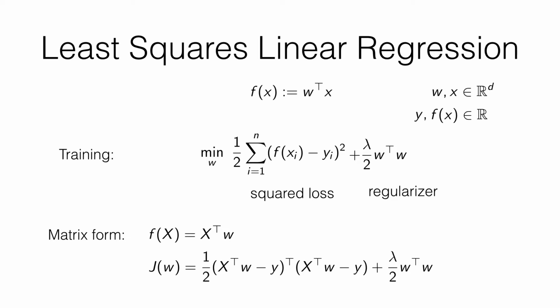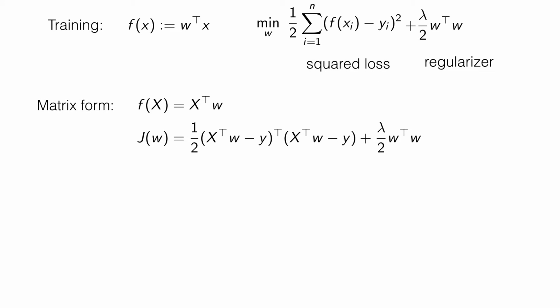Okay, so from this we can do some manipulation to try to figure out how to solve this optimization. So we want to find the minimum of J, and the first thing we should do is try to distribute some terms to write things out as explicitly as possible.